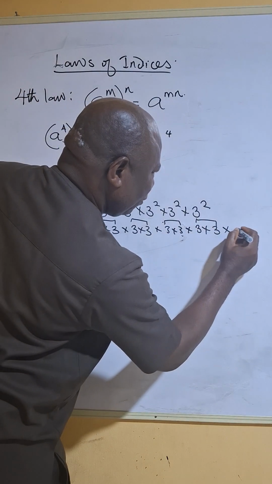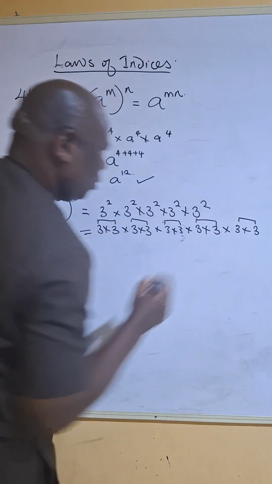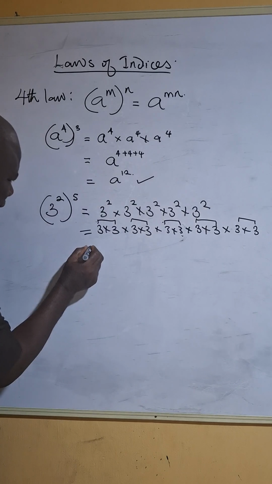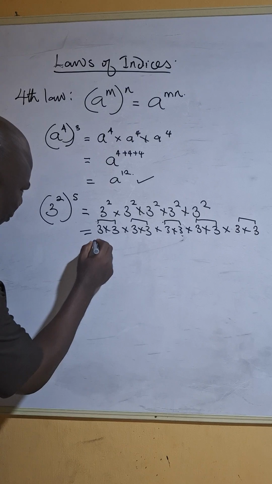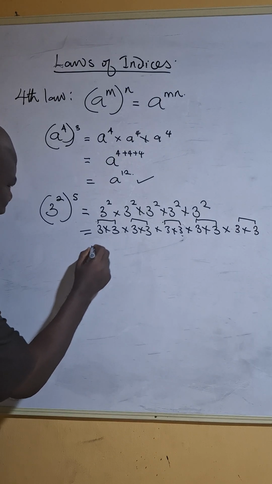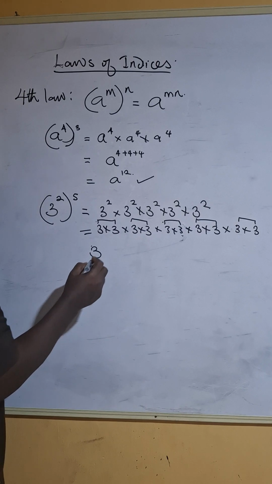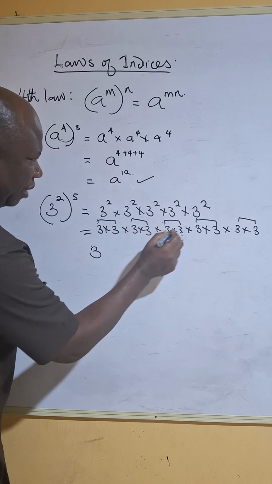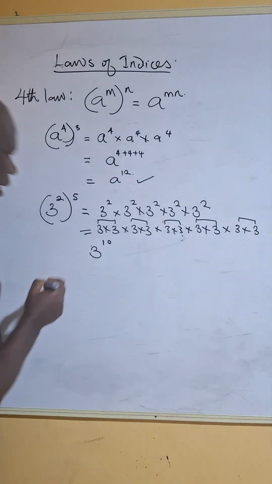Then we have another one, 3 times 3. And at the end of the day, this one will result in 3 raised to power 1, 2, 3, 4, 5, 6, 7, 8, 9, 10. 3 raised to power 10.